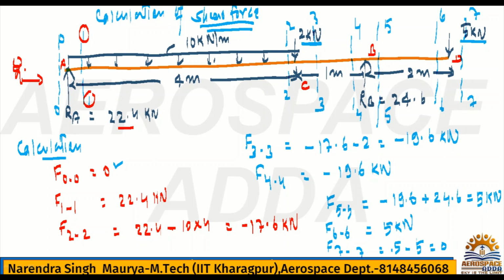Why it is the same, I already explained. Because 0 value is what? Just before the beam is starting, that is 0. So obviously just before the beam is starting it will be 0. And F77 is the value just after ending the beam. So after ending the beam also the force should be 0. That's the reason you are getting 0. This is the cross check, always remember this, okay?